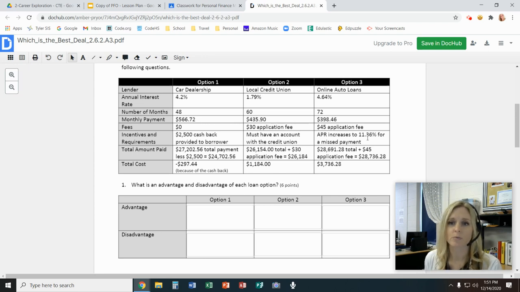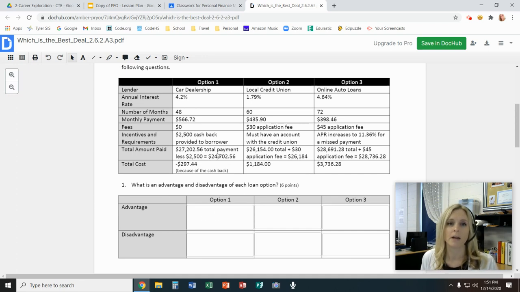That's how much his interest will go up. Now, this gives a running total, including interest plus the $45 application fee, of $28,736.28. And so over the course of the loan, he will pay $3,736 in interest.